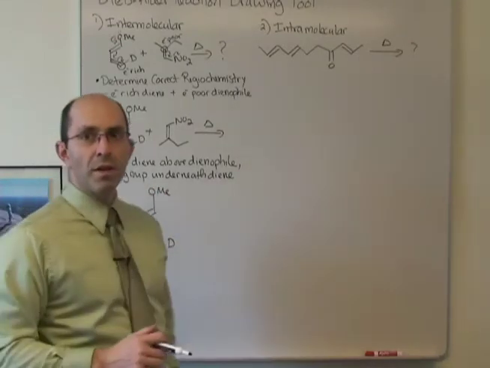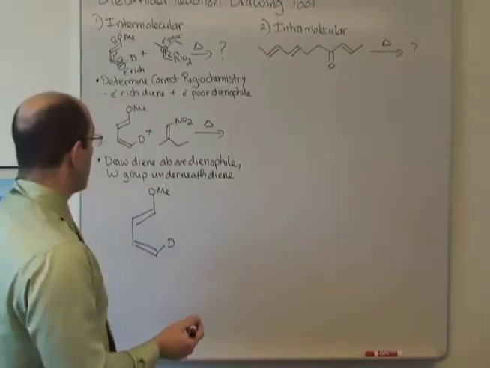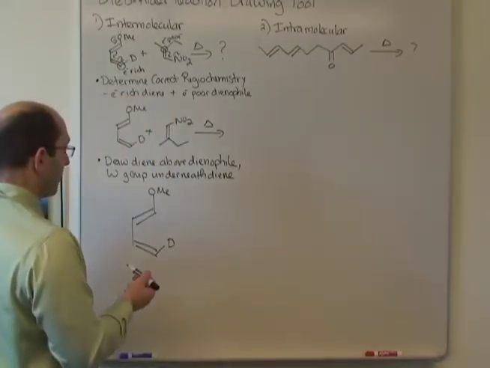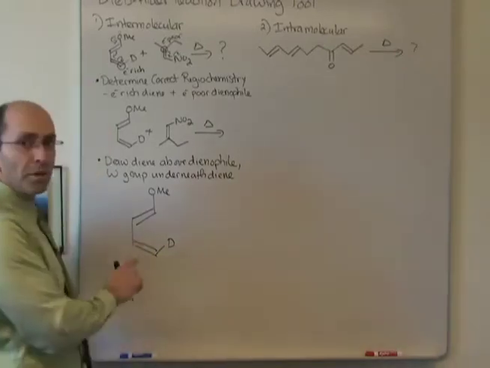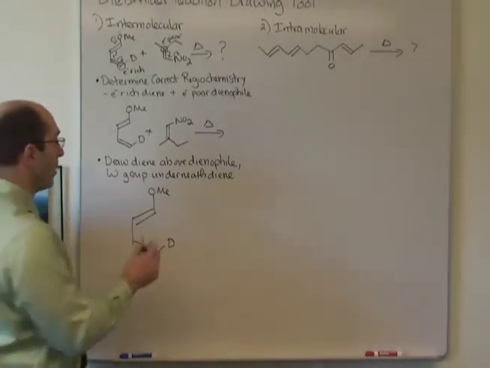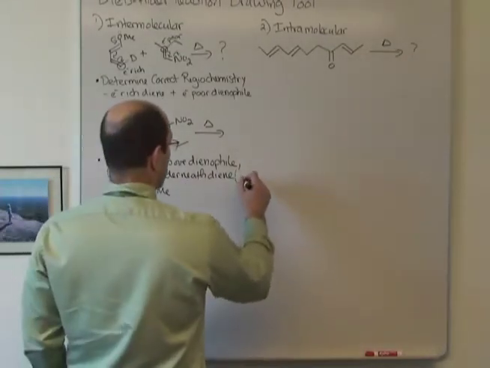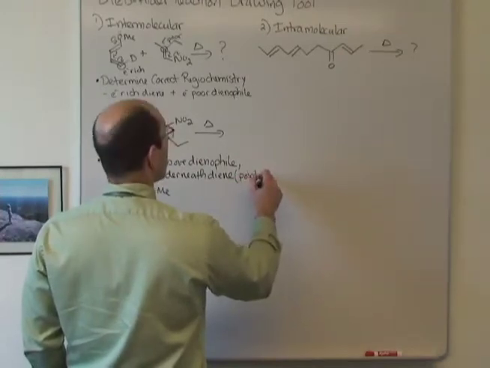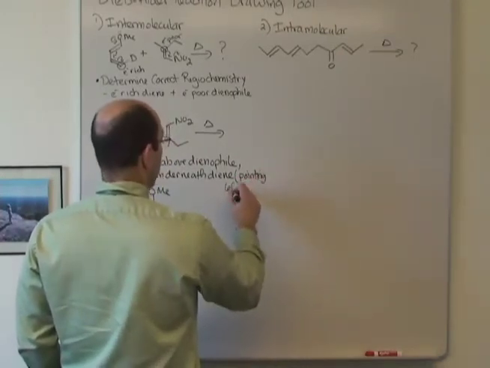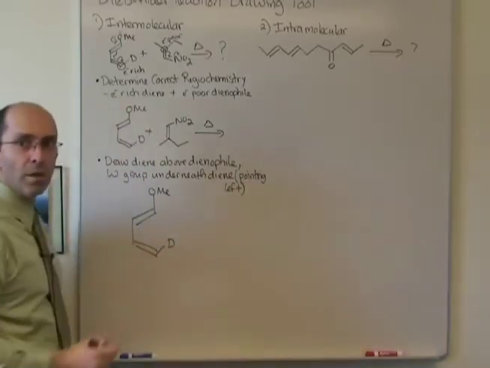And then we want to draw the dienophile underneath it, with the W group underneath the diene. So when we draw it in this orientation, the diene open to the right, W group underneath the diene, so it's going to be pointing to the left, underneath the diene.